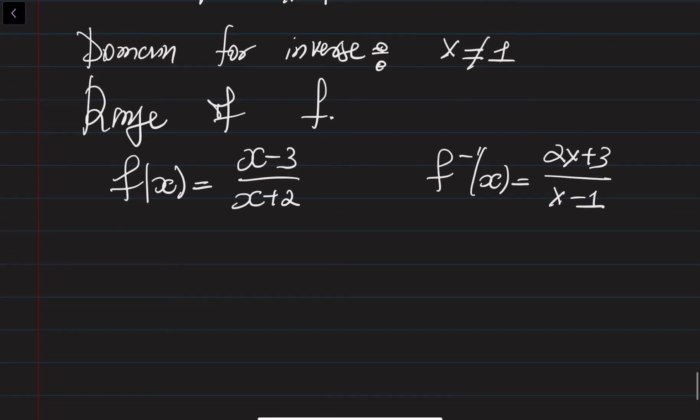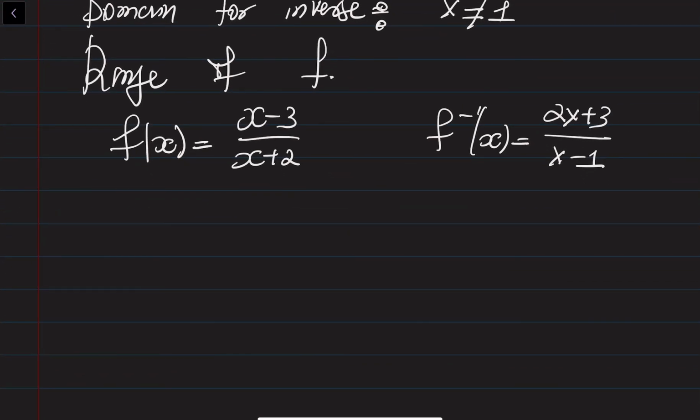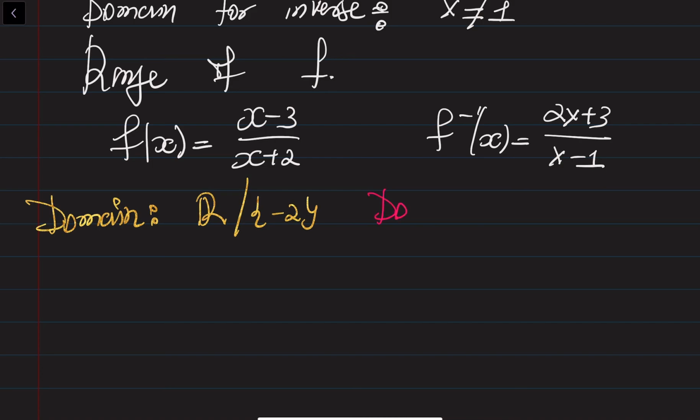So the domain for our original function is all the points except x equal to minus 2. At the same time, the domain for its inverse is all the points except the point 1.